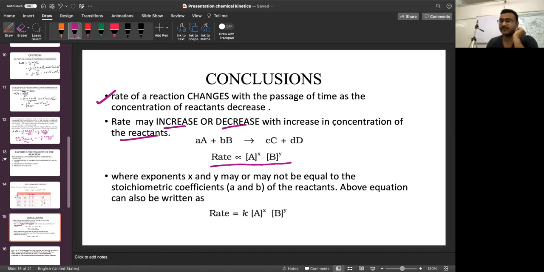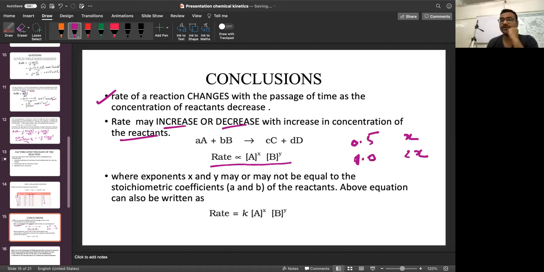Suppose initially the concentration of A is 0.5 and the rate is suppose x, and when I've increased the concentration to 1.0, I've found the rate has increased to 2x. So what will be the value of x? Yes, it will be 2.